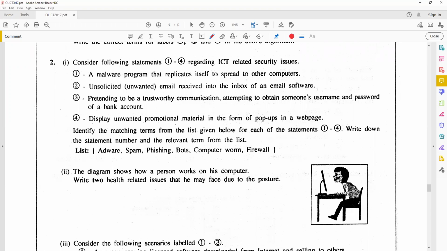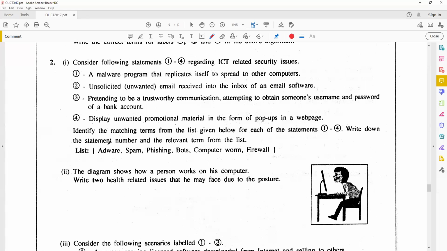Unsolicited, unwanted email received to inbox of an email software. Pretending to be trustworthy communication, attempt to obtain someone's username and password of a bank account. Display unwanted promotional materials in the form of pop-ups in the web page. Identify the matching terms in the list given below for each of the statement 1 to 4. The statement number and relevant term from the list.